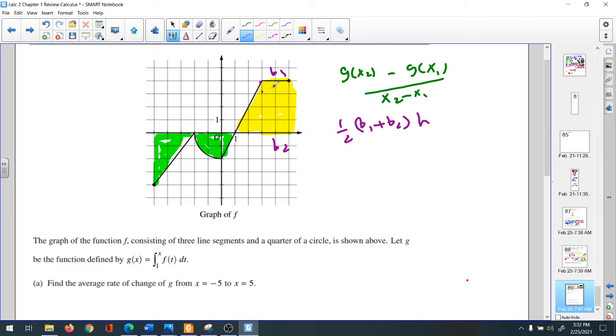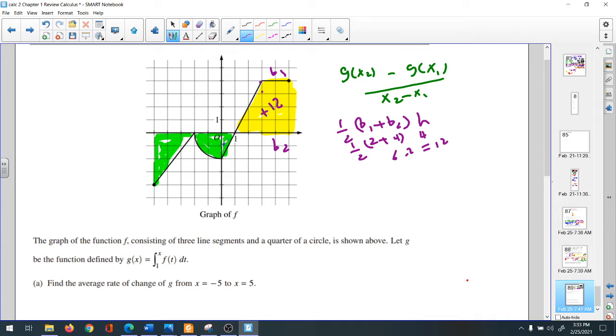Base 1 is 2 units, base 2 is 4 units, and the height is 4. So the sum of the bases is 6, a half times 4 is 2, and 2 times 6 is 12. The positive part is 12.